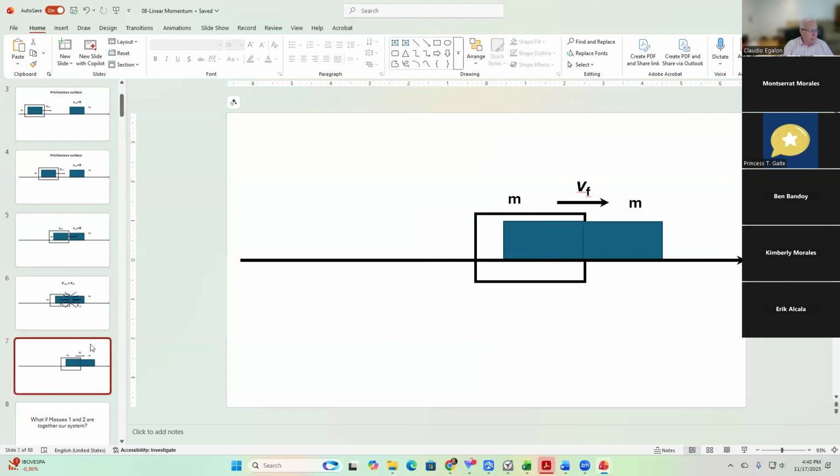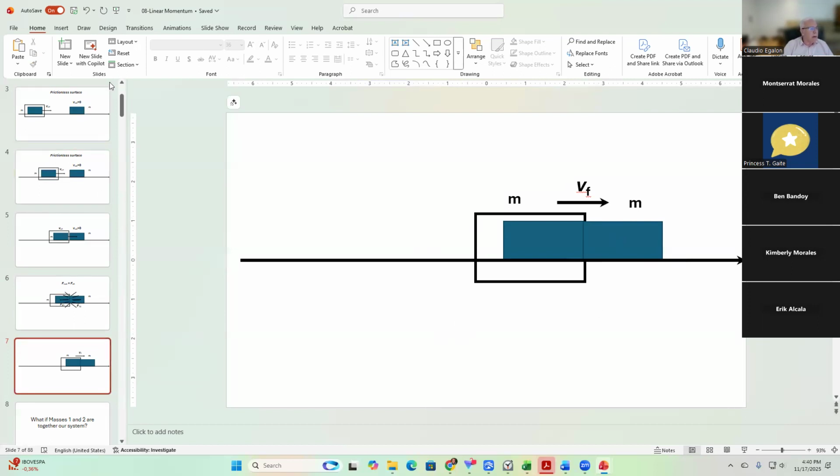If those two objects somehow manage to stick to each other, they're going to move in tandem to the right side, and that's possible to happen. This type of collision is called an inelastic collision.